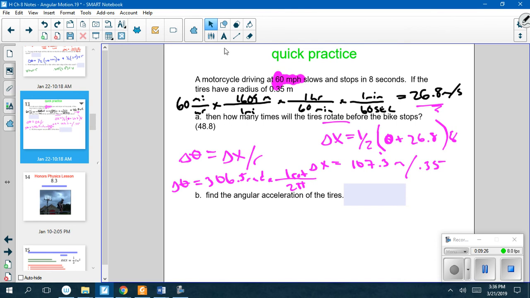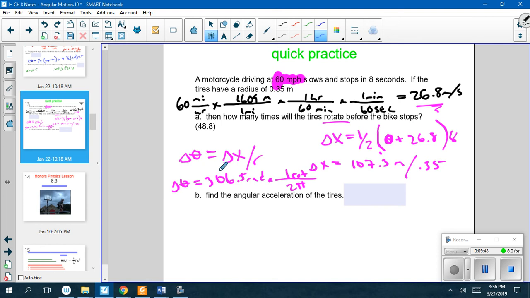Alright, so part B. Part B is asking for the angular acceleration of our tires. In order to do that, we should know what our linear acceleration is. We can also use this delta theta to figure that out, or go to final angular velocity.